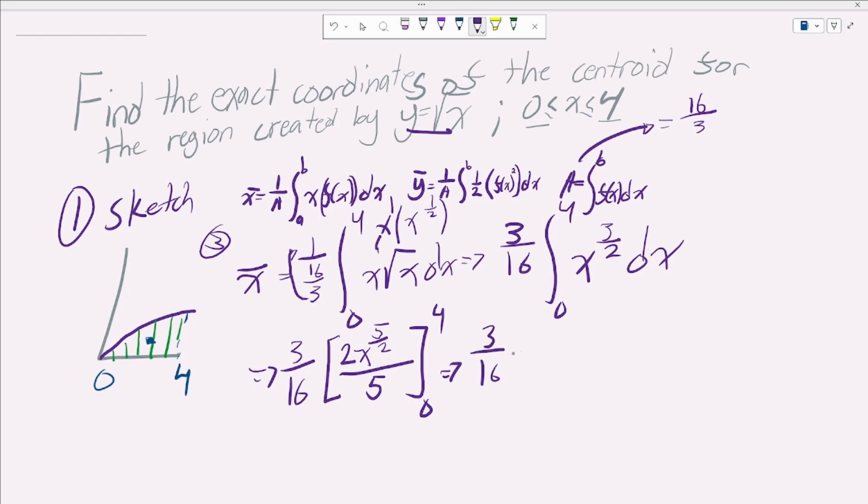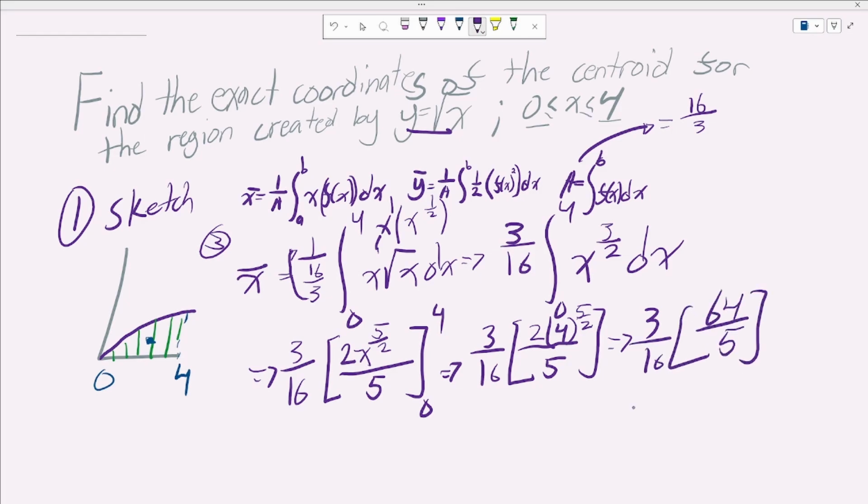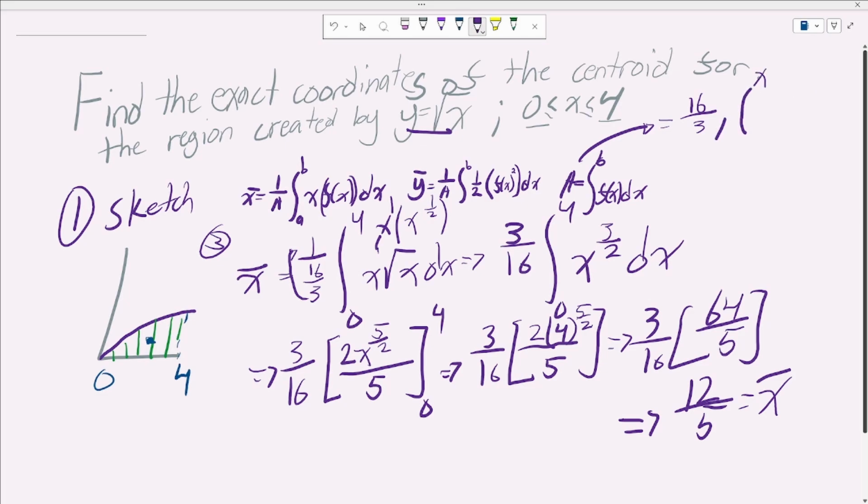So when we evaluate this, we'll have 3/16 times 2 over 5, and still in the numerator, we'll have 4 to the 5/2 power. Using our calculator, we'll have 3/16 times 64/5, and then by reducing that, we'll have 12/5 is equal to our x bar. We'll make a note of that right here. So if this is x bar, y bar, this right here will be 12/5.